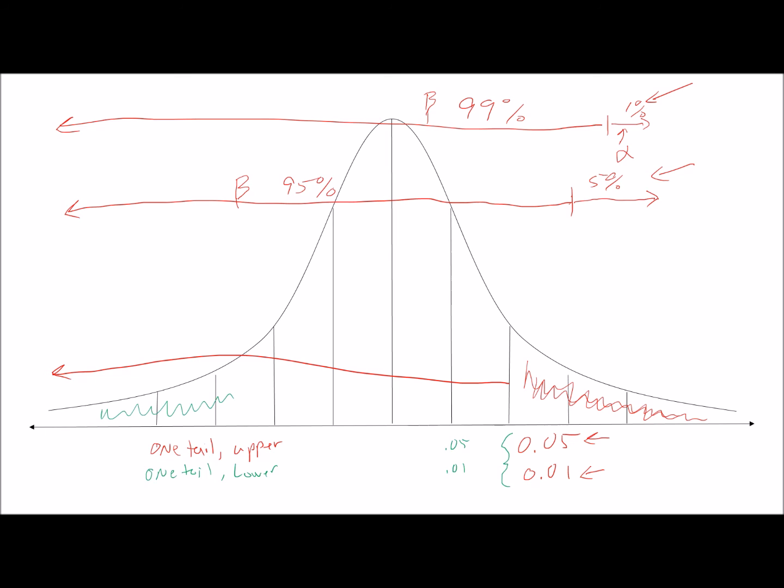So let's say our alpha level is here, and the alpha is 5%, or the level of significance is 5% in this direction because it's lower. That puts the beta of 95% in this direction. All right, so we have our beta of 95% in this direction.